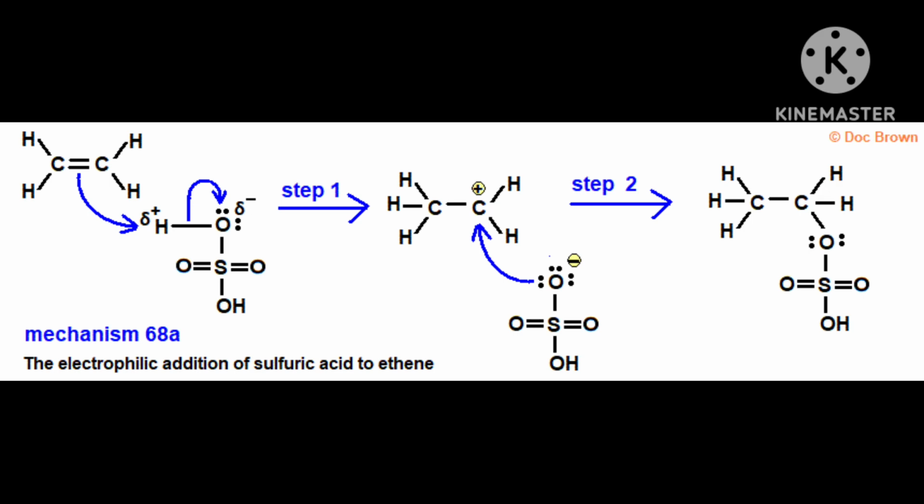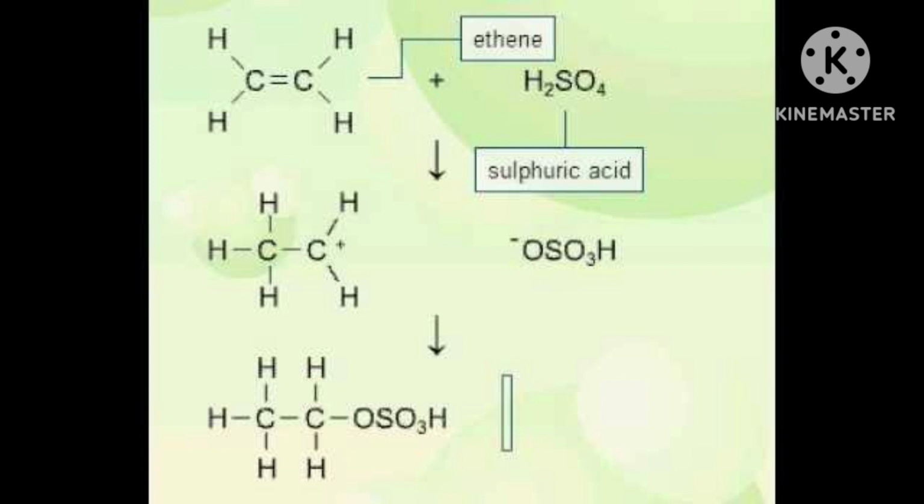You can write it as H and SO3OH. In H2SO4, one H bond breaks, and what remains is SO3OH, with four oxygens in total. The hydrogen that is going to be broken, the H and O bond, will break.